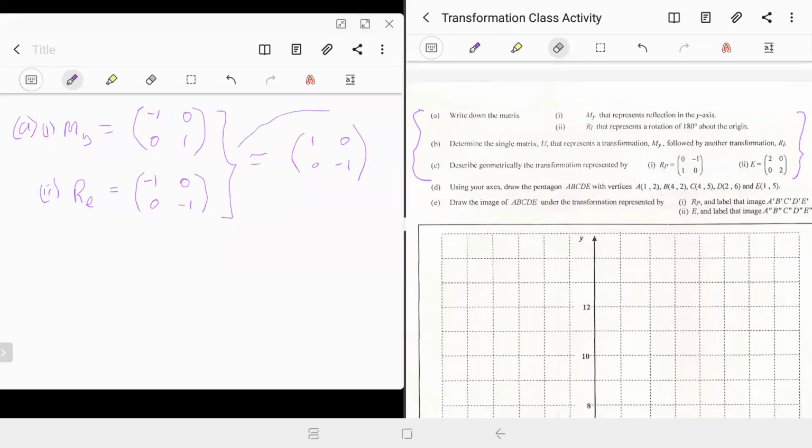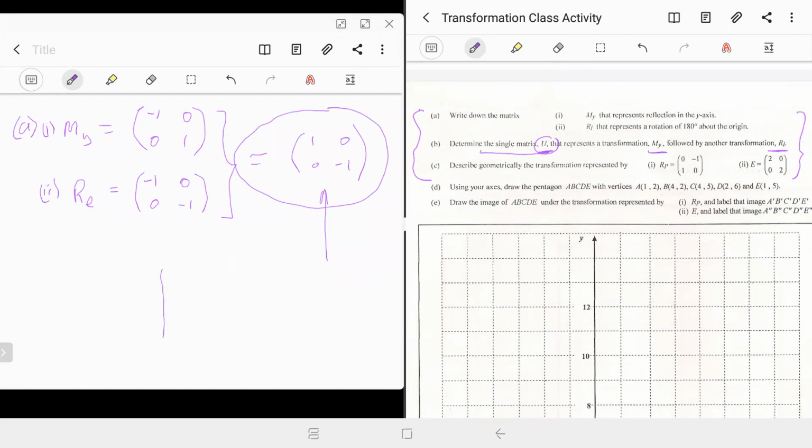I know my answer already. Look at what they say: determine the single matrix U that represents MY followed by RL. I know the answer already is this, because two reflections go with one rotation.